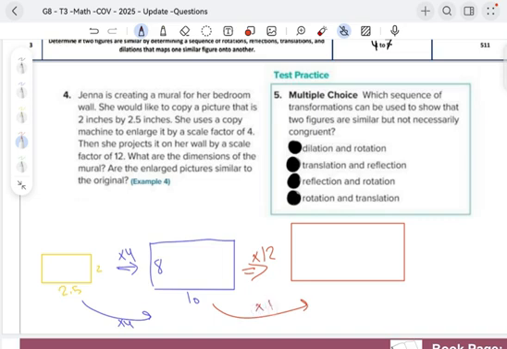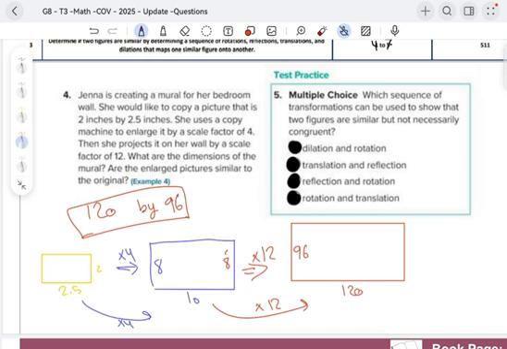I'm gonna multiply the length by 12, and the width also will be multiplied by 12. 10 times 12 is 120. 8 times 12: 10 times 8 is 80, 2 times 8 is 16, 96. So the new dimensions are 120 by 96 inches.